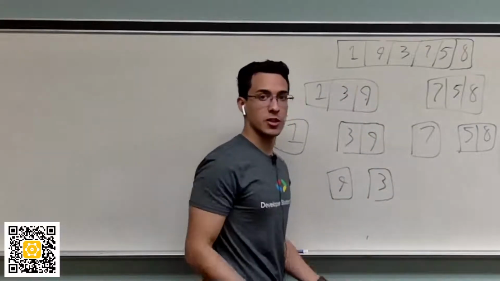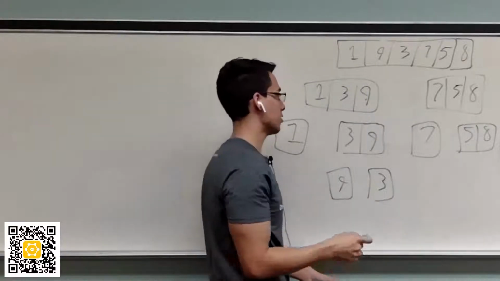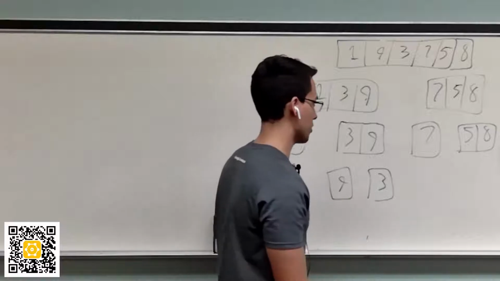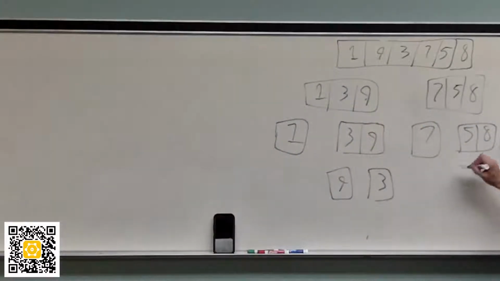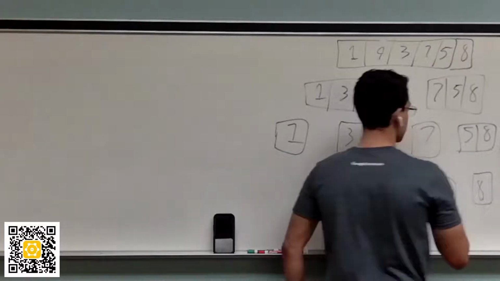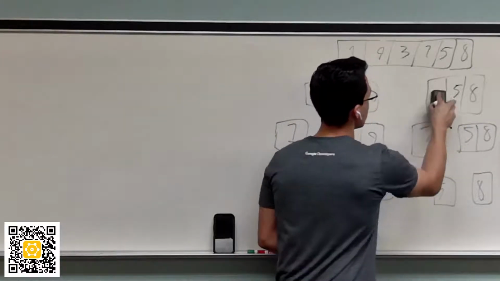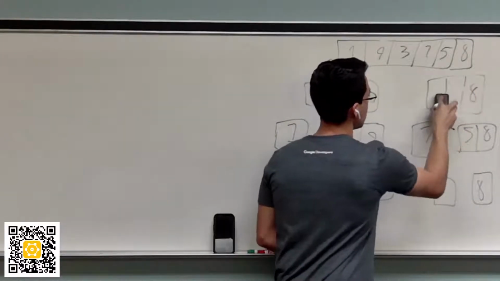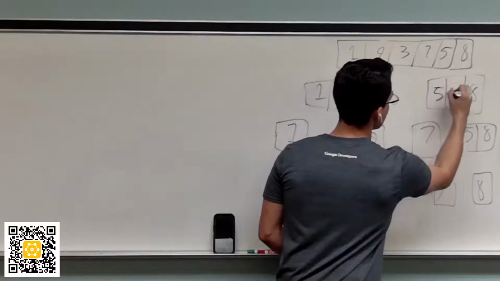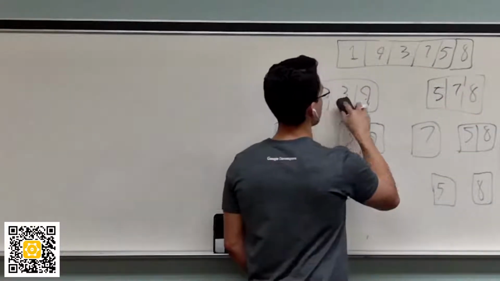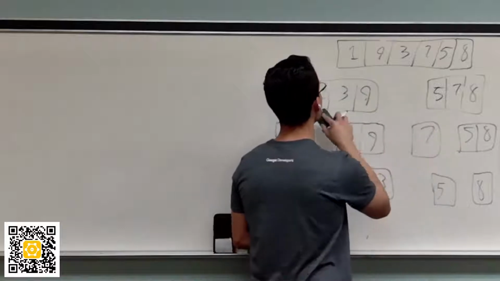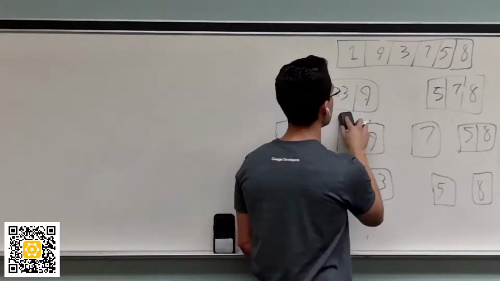I'm not doing the whole thing because I already discussed it in the last lecture, so refer back to that to get more into the specifics. And this one down here, 5, 8. Then iterate through these, and you find out the smaller one, then this one.